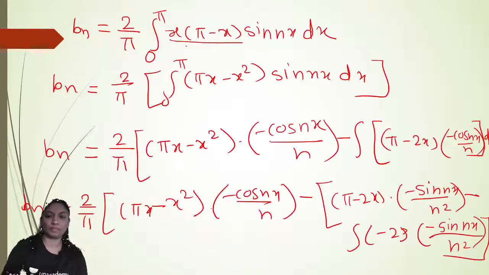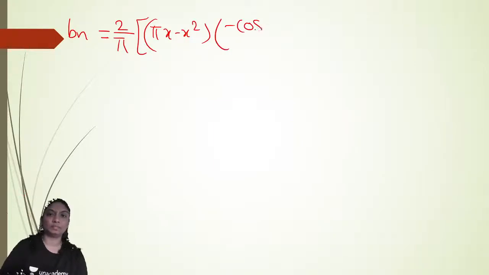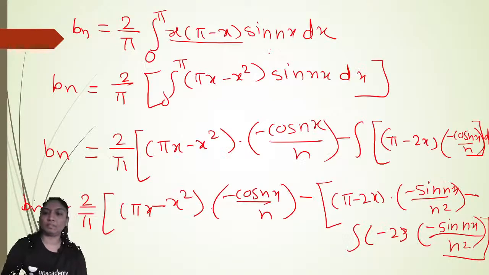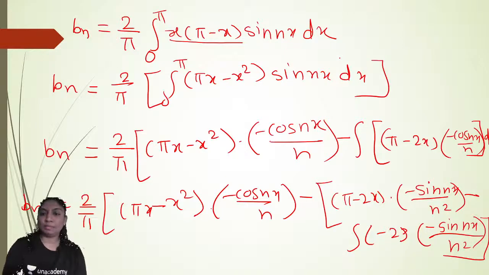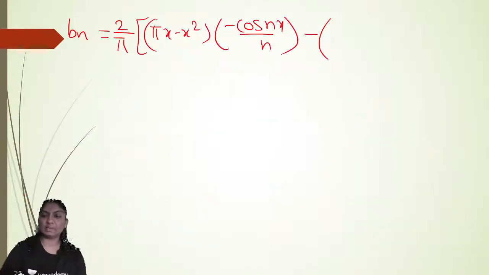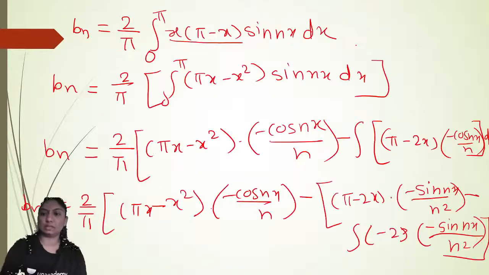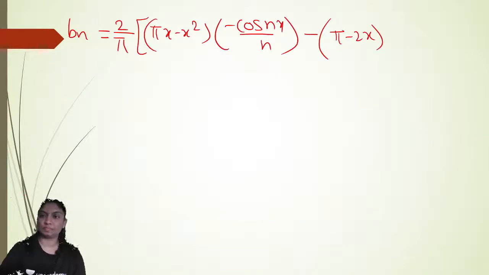So we can get Bn is equal to 2 by pi, x minus x square into minus cos nx upon n, minus (pi minus 2x) into minus sin nx upon n square.